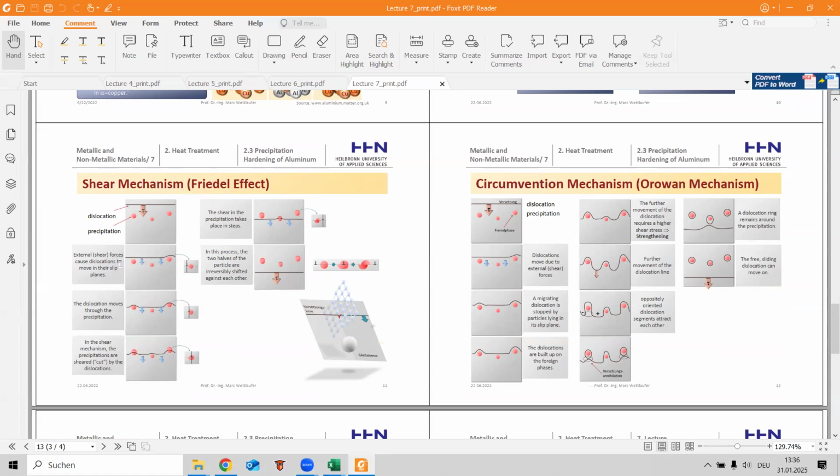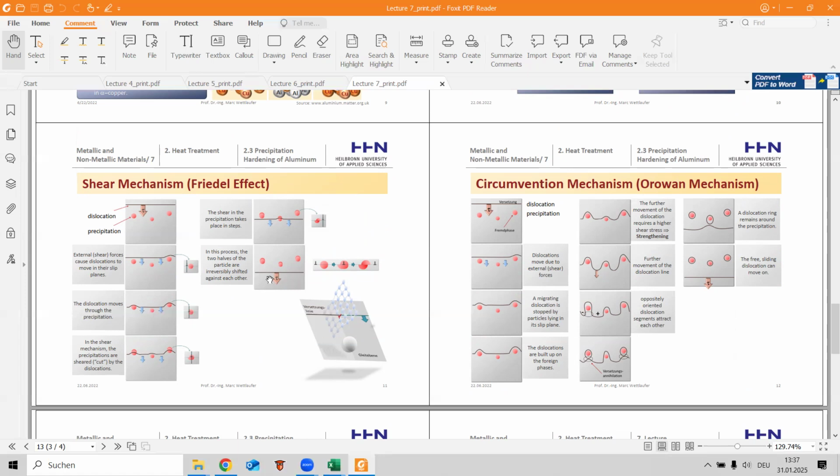External shear force causes dislocation to move in their slip planes. The dislocation moves through the precipitation. In the shear mechanism, the precipitation is sheared or cut by the dislocation. The precipitation shows steps. In the process, the two halves of the particles are irreversibly shifted against each other.